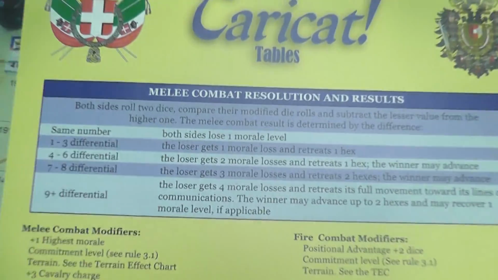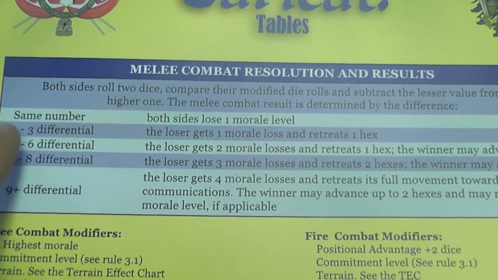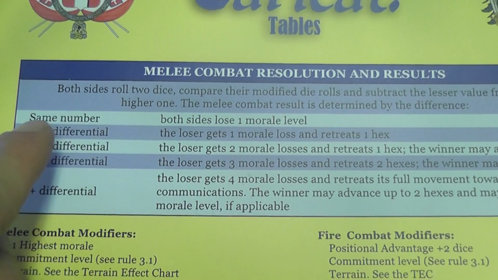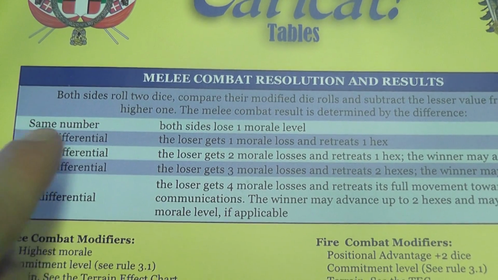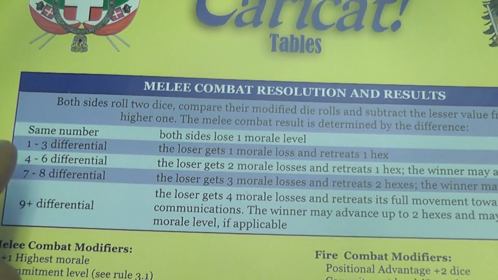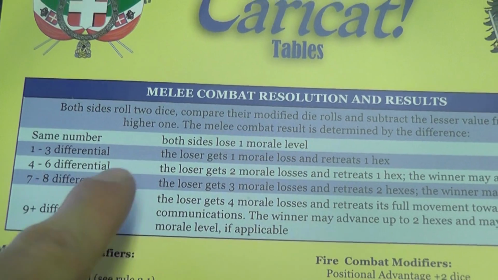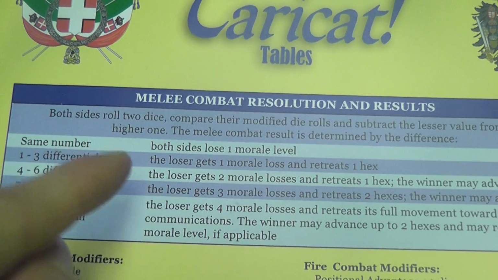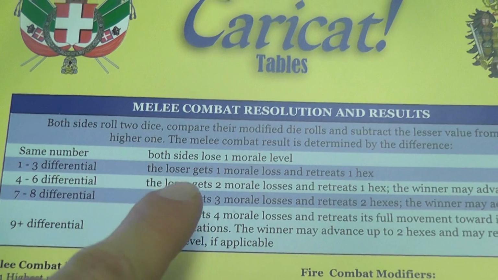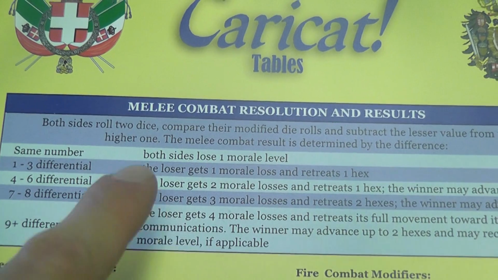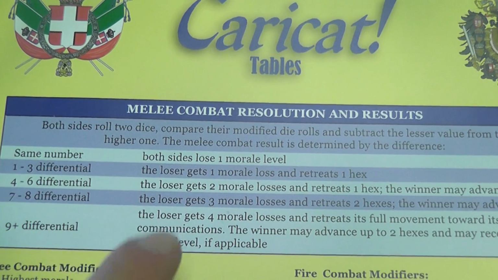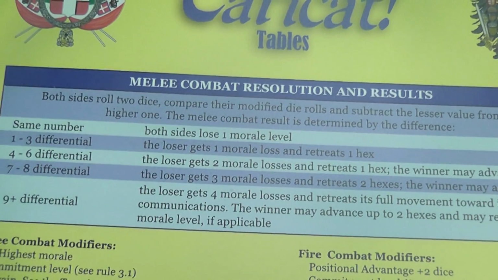And here you have a table that tells you what the results are. If both players have the same total, then they both lose a morale level. And with a small differential, the loser, that is the player with the lower number, gets 1 morale loss, and the higher the differential, the worse it is for the loser.